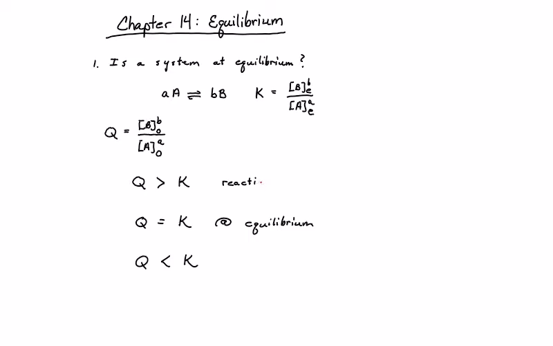So another way of looking at it is that the reaction will shift towards the reactants, or shift to produce more reactants, and therefore consume some of the product.